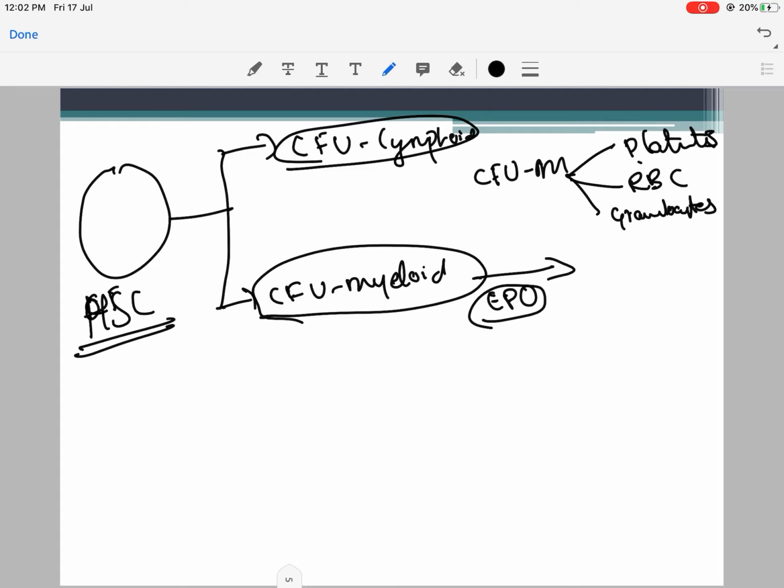So the peritubular capillaries of the kidney are under control by the liver, because the liver secretes something called hypoxia inducible factor, which acts on the peritubular capillaries and secretes erythropoietin. When erythropoietin is present, the colony forming unit myeloid forms a cell called proerythroblast.